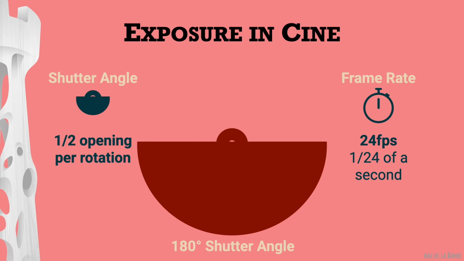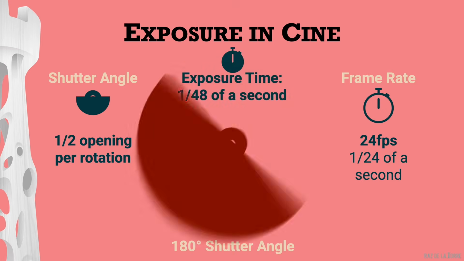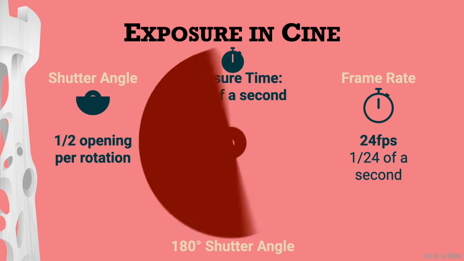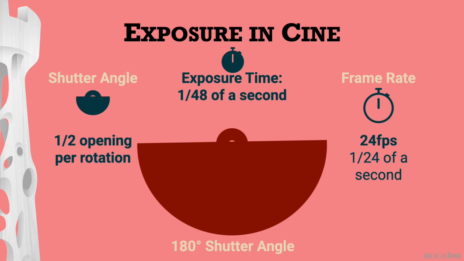At 24 frames per second, that gives an exposure time of 1/48th second per frame, exactly like setting a 1/48 shutter speed in still photography. So while the mechanism differs, the principle is the same. Exposure time is equal to how long light reaches the film or sensor. In cinema, shutter angle becomes the sculptor of motion blur, rhythm, and emotional texture.